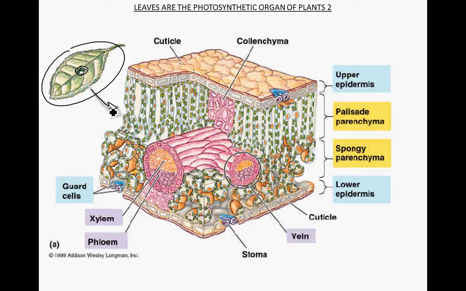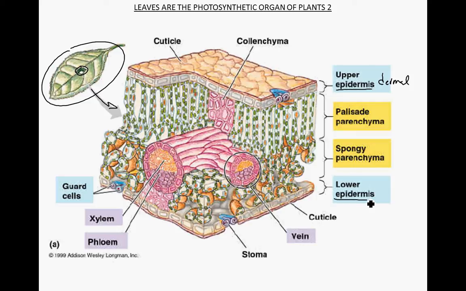Let's start on the right here, and we'll notice that there's this layer of cells that is known as the upper epidermis, and this is dermal tissue. The upper epidermis here is in blue. And then there's also a lower epidermis, and these are protecting the upper and lower surfaces of the leaf.